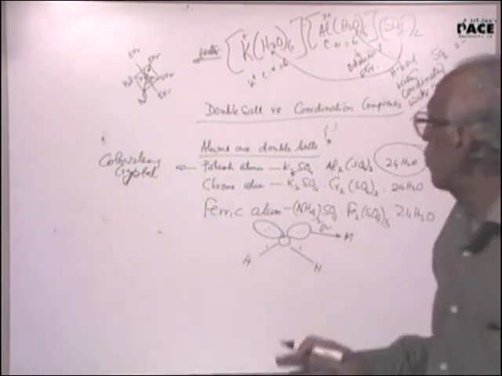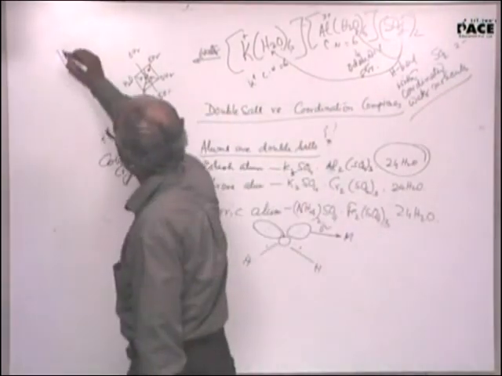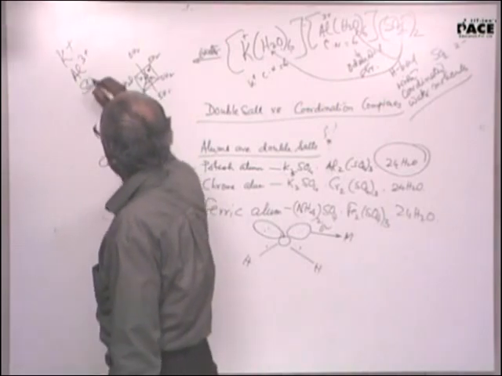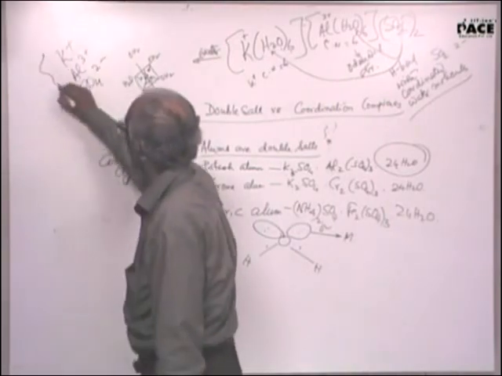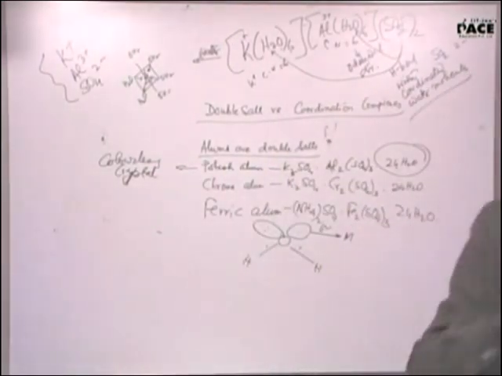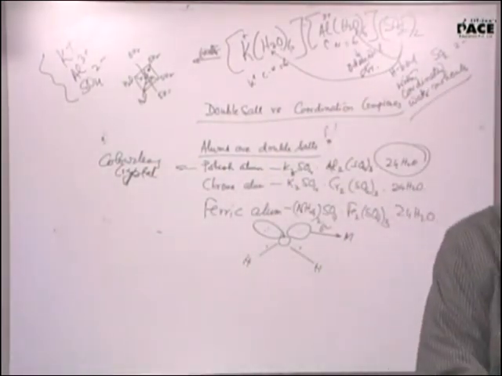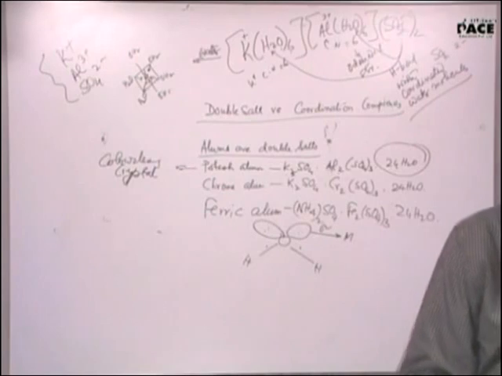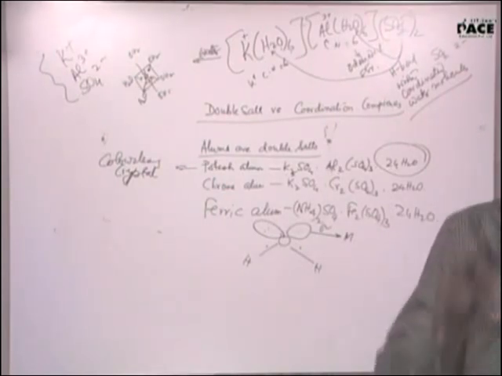It gives you potassium ion, aluminium ion, and sulfate ion. No hydrogen bonding, no octahedral structure. The structure collapses when you dissolve it in water. But in solid state, the structural identity is retained.